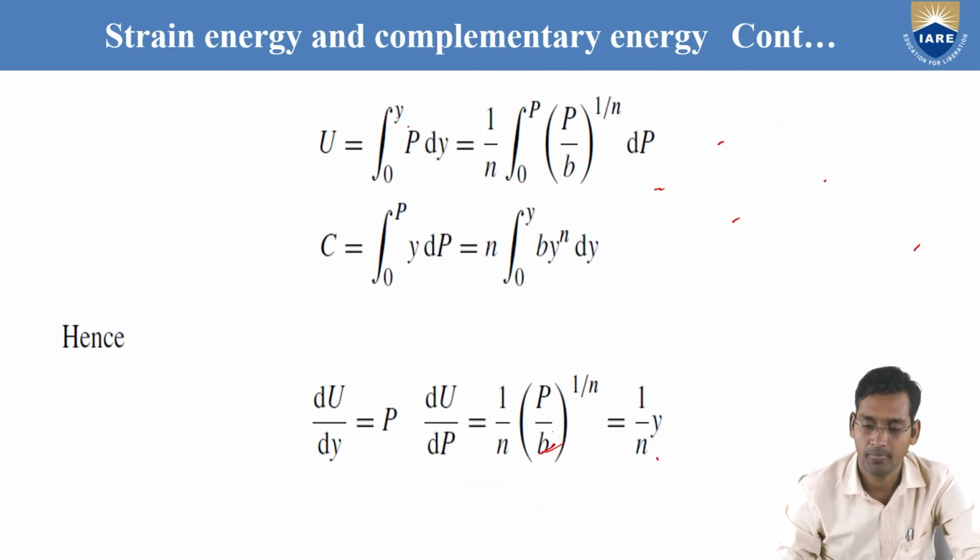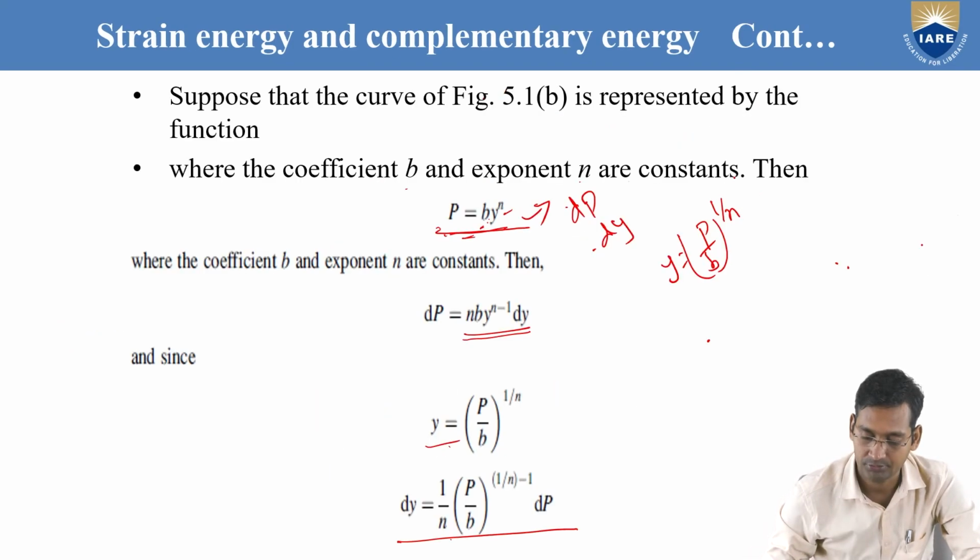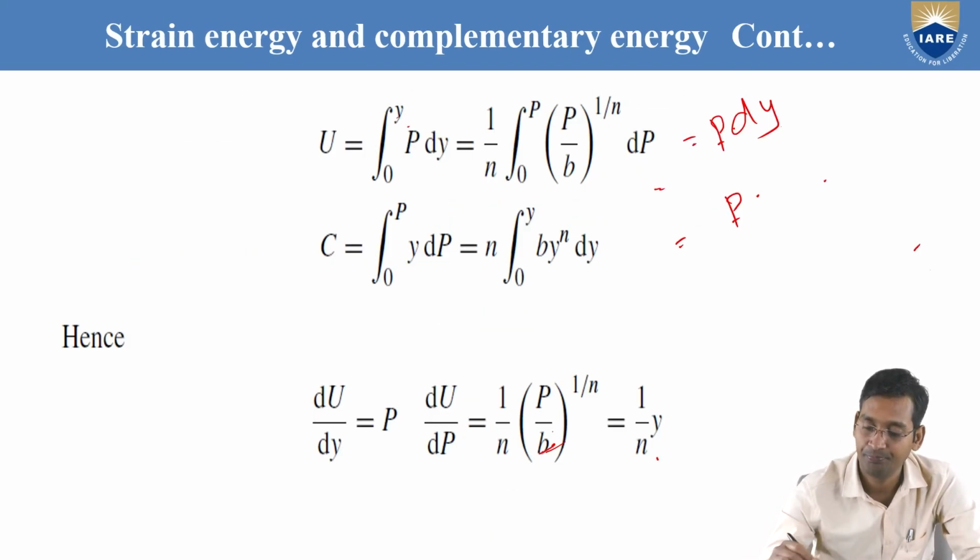Oh wait, now just see here, let's put that value once again. Actually, what I said is correct, not here. So P dy. So let's put P. Okay, the dy value that we got here is correct, only 1 by n.